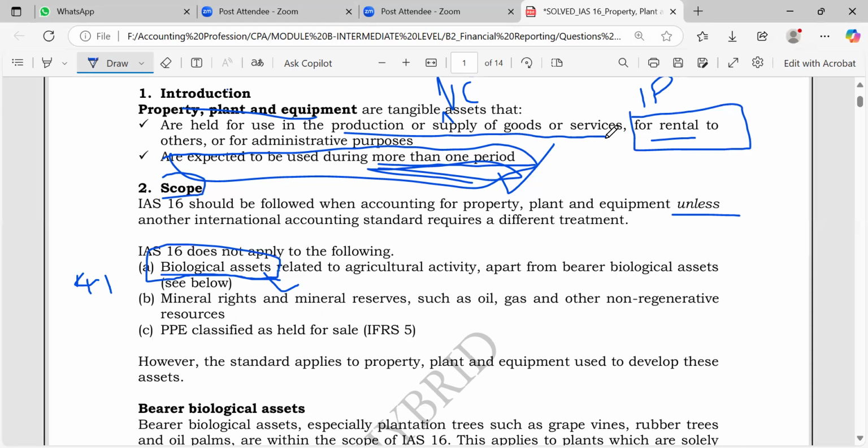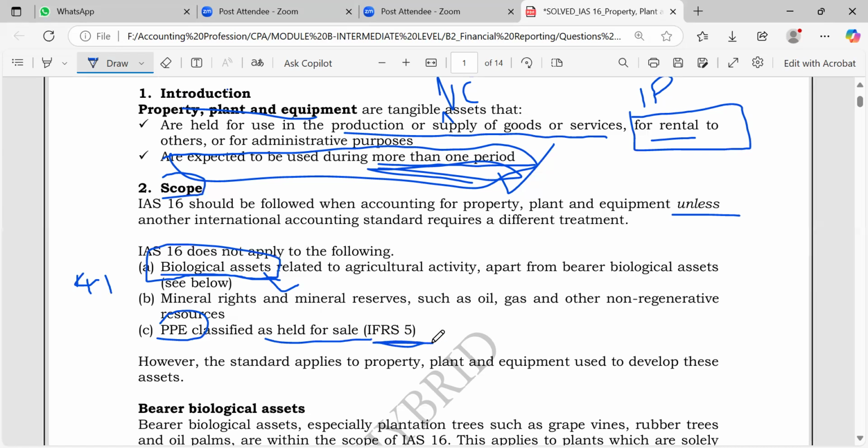You say something like that. It's PPE, but now you won't use IAS 16 to account for it because if you have it held for sale, it is no longer a non-current asset, it is a current asset. So all the principles applied here won't apply. That's why you would have a specific standard called IFRS what?